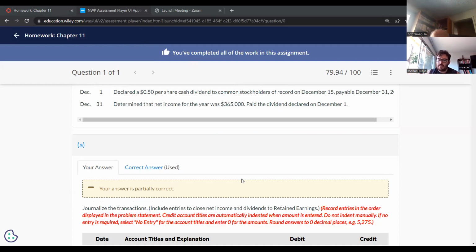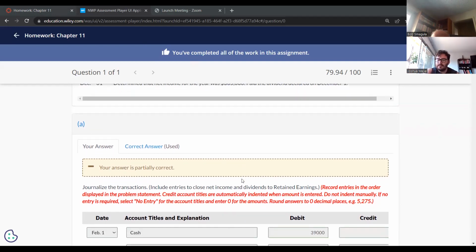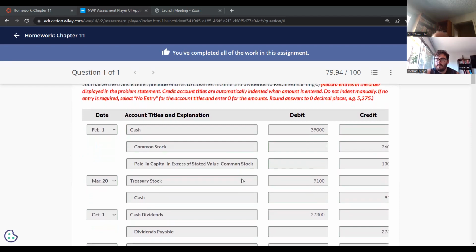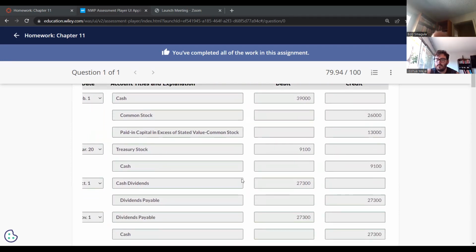I multiplied it by the par, and then I added the additional paid in capital, and it wasn't going through. Finally, on the last chance, I just put the total common stock that they had there already, and that answer was correct. But you can't necessarily do it like that because they kind of gave it to you.